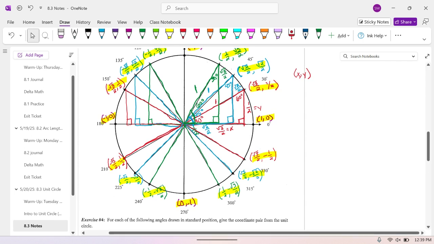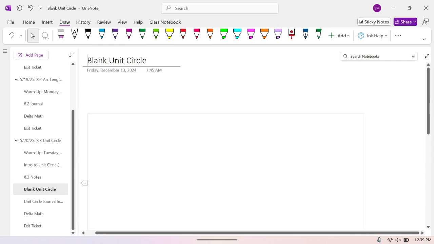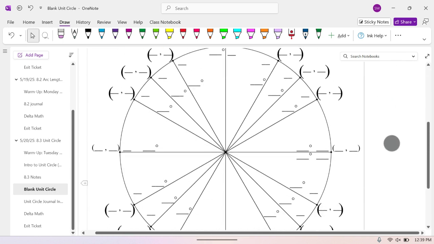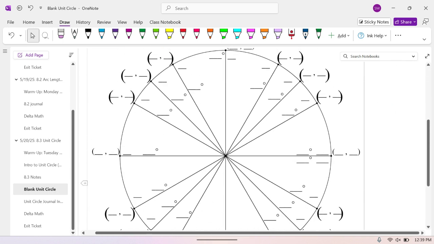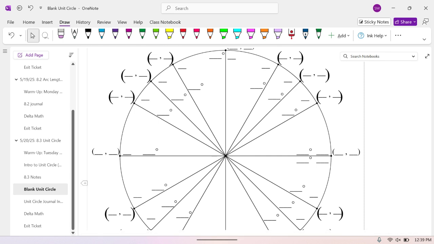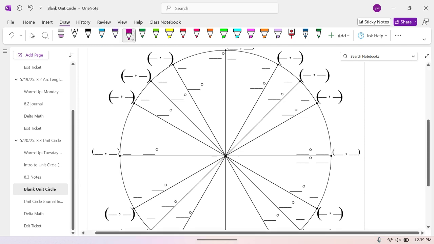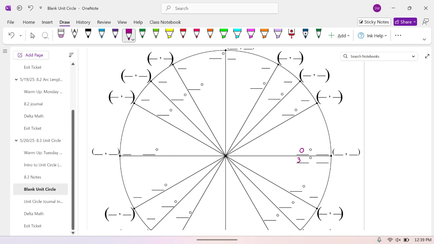So if we're looking at our blank unit circle, we're just going to put everything together. My suggestion to you is do the degrees first. It's always the easiest. So you're always going to start in the left corner. So this will be 0, 360.